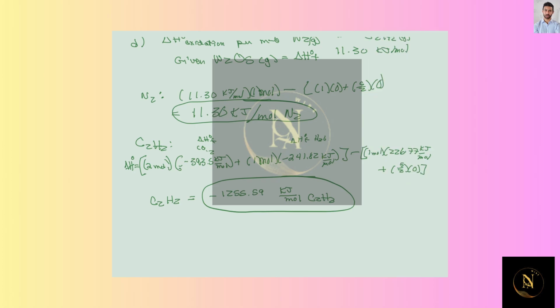Sorry about this, I just closed my other computer, so now I can't see the other parts of the problem. Let me do this quickly. I've got 2 times negative 393.5, plus 2 times negative 241.82.